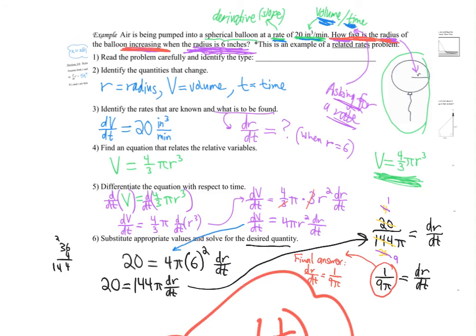What's our unit of distance? I think it's inches, since our volume was inches cubed, so it's inches per, and our unit of time is minutes. All right, this is our final answer for this problem.